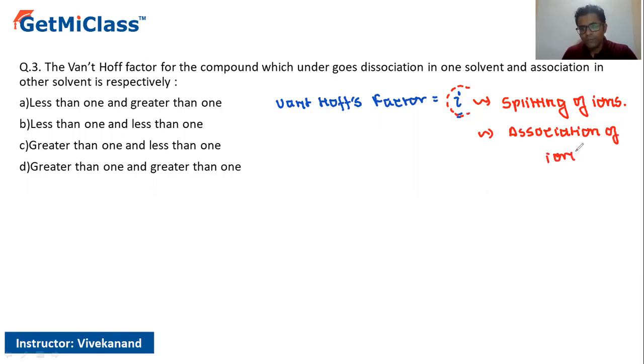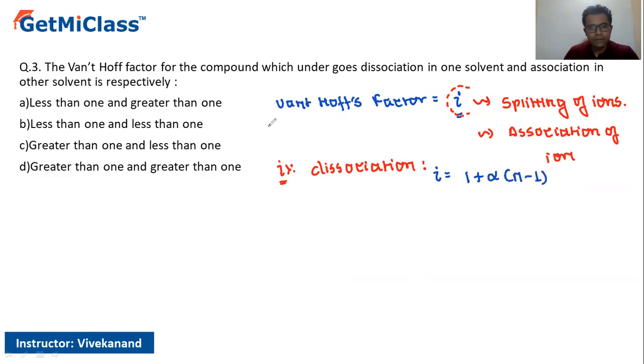Okay, so this Van't Hoff factor for dissociation, that is splitting, is given as i equal to 1 plus alpha into the bracket of n minus 1.